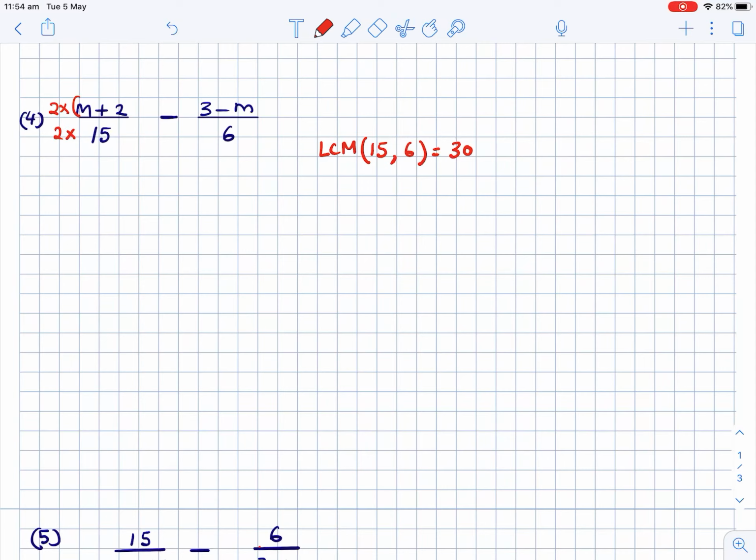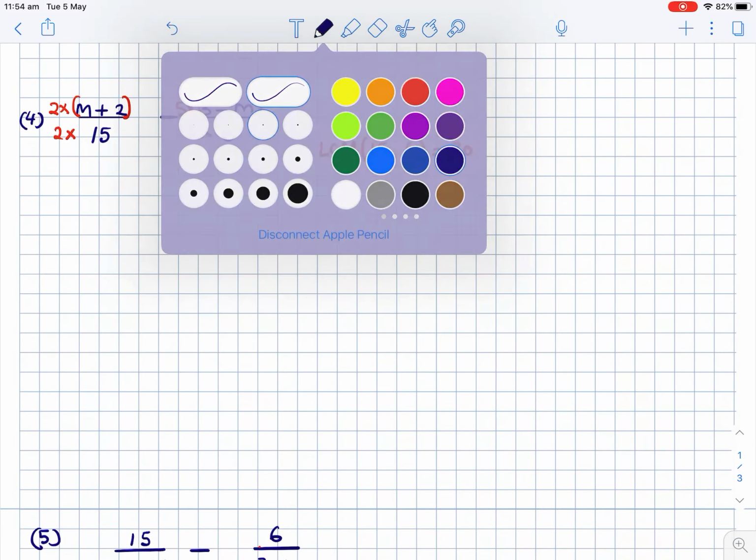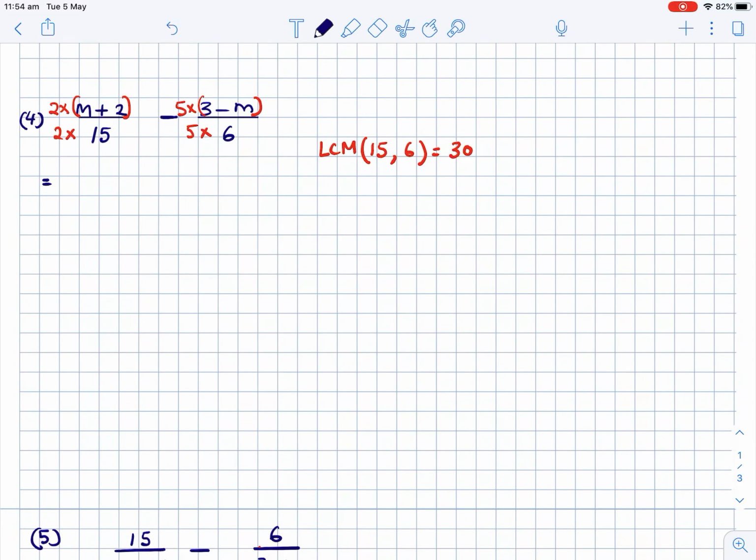Make sure you put the bracket around the numerator. For second fraction, we need to multiply by 5 and put bracket around the expression. Now both have 30 as denominator.